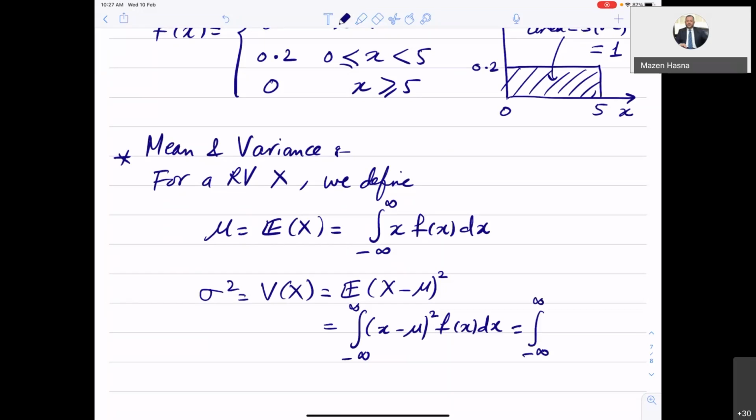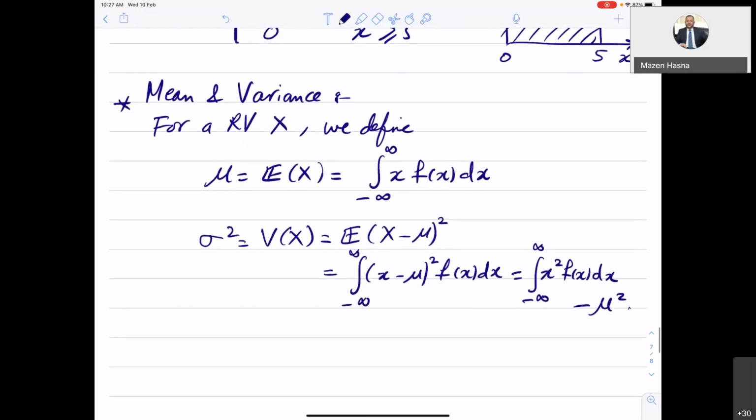An easier way to do it is the integration of x squared f of x dx minus mu squared. And if you recall, we defined the standard deviation sigma as the square root of the variance. So this is very, very straightforward.